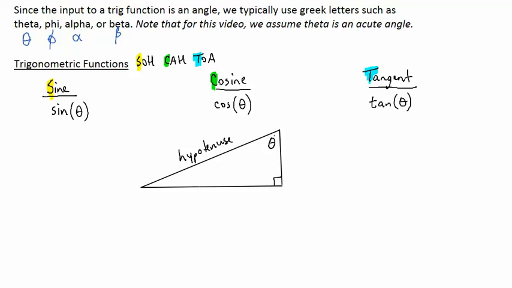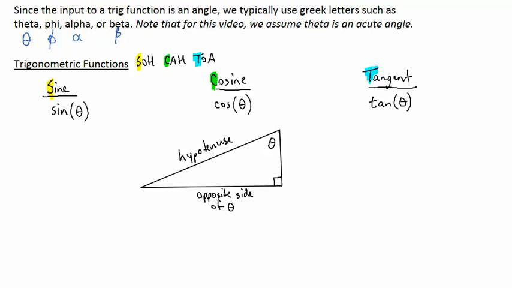Here's theta. The side that's opposite theta would be, in this case, the side on the bottom of the triangle. So this is the opposite side of theta. You label your sides in relation to the angle you're working with. If theta were here, the vertical side would be the opposite side. It just depends on where your angle is.